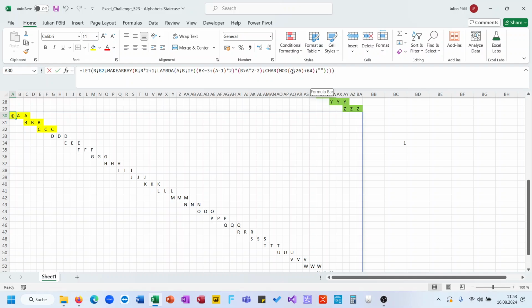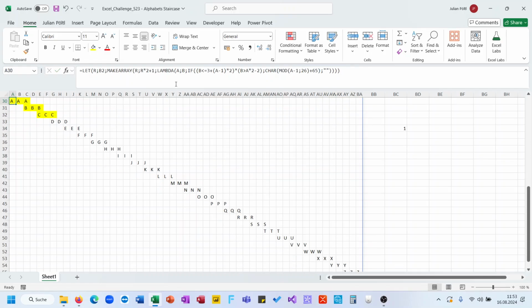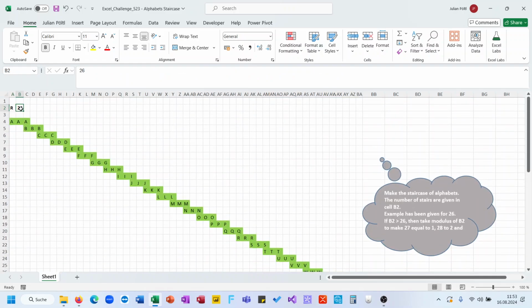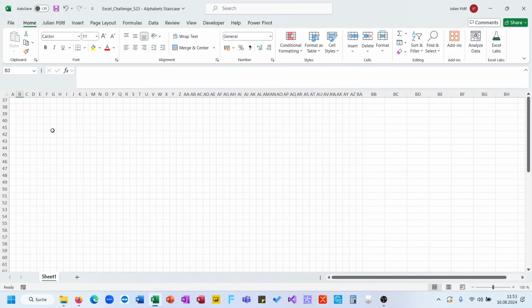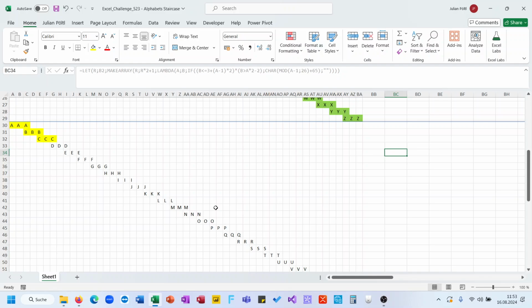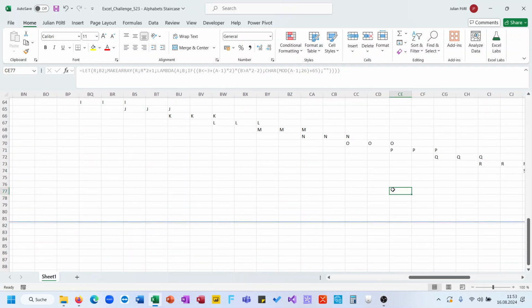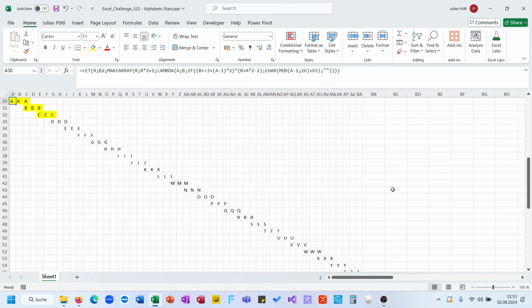So here A minus 1 plus 65, and you see we get our Z. And also if this is like 52, the array can spill, so after that it begins again with A and ends with Z as it should be.